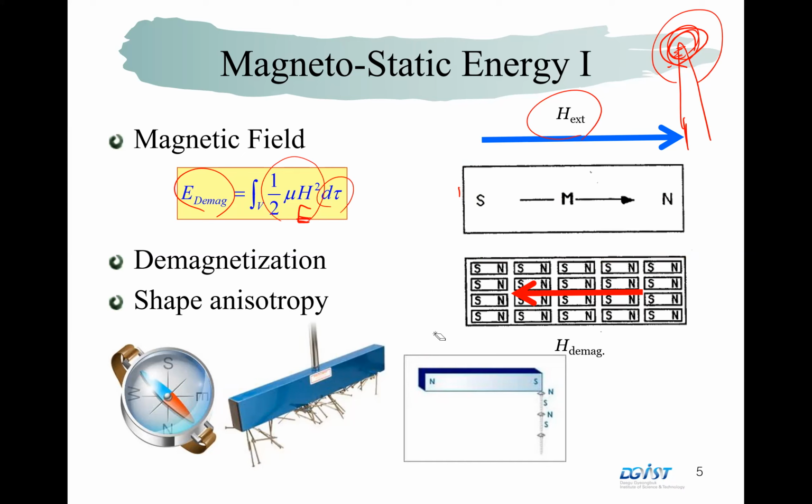The dipole is the minimum structure of a magnet, as we already learned. And inside this permanent magnet, we have a north pole here and a south pole here. So there is some kind of internal field called the demagnetization field.